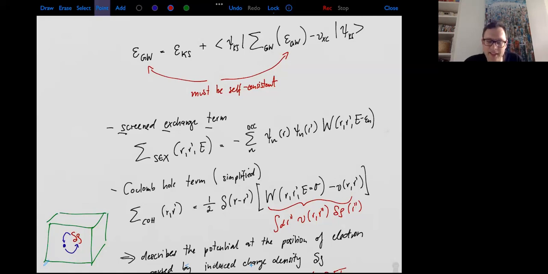But that being said, some of these modern codes have actually gone a long way in automating the process. So a lot of my students like FHI-aims, which also has a GW implementation, and a lot of things just happen under the hood, and so it's actually not that much more complicated than running a DFT calculation.